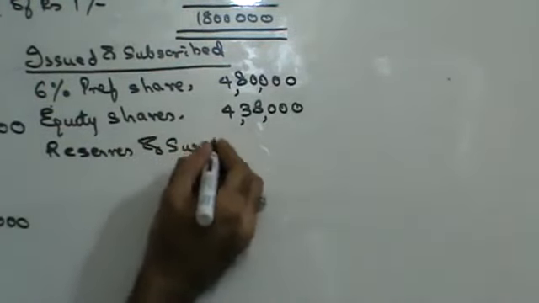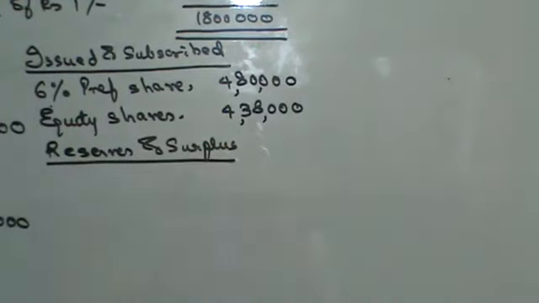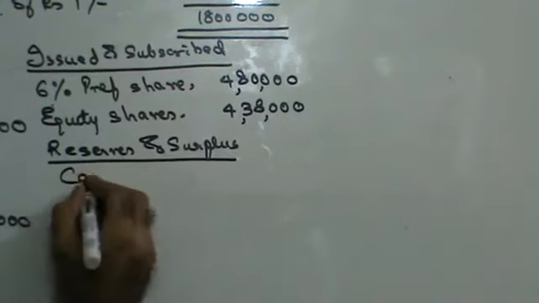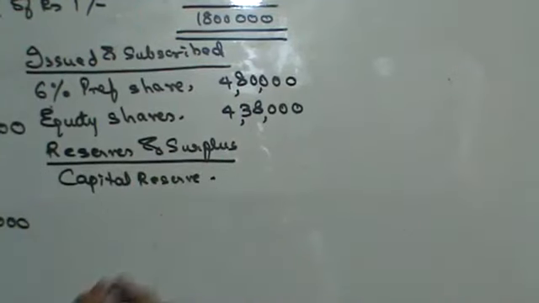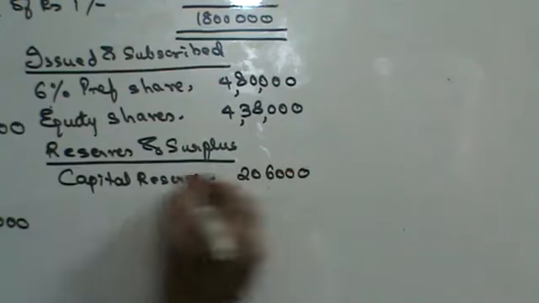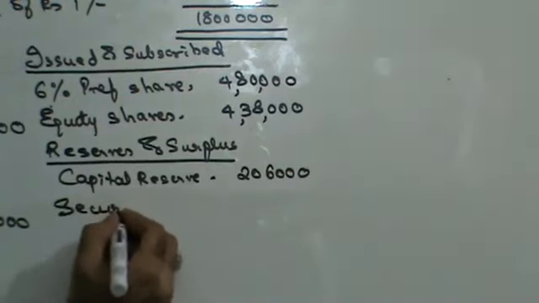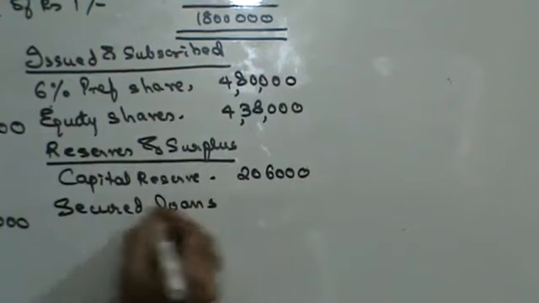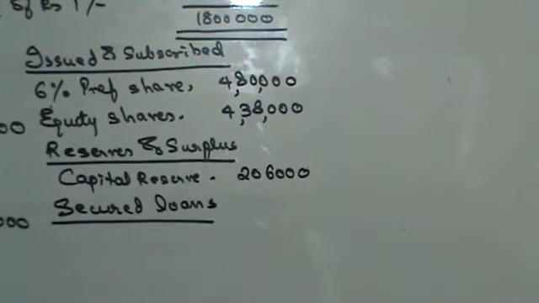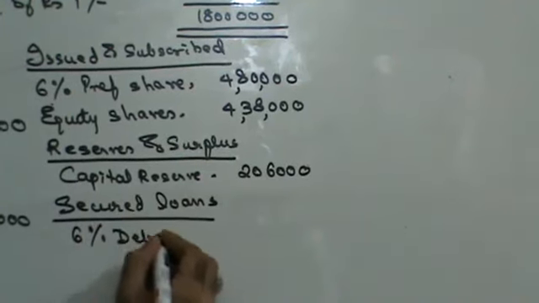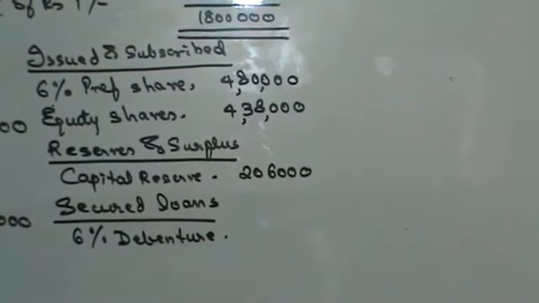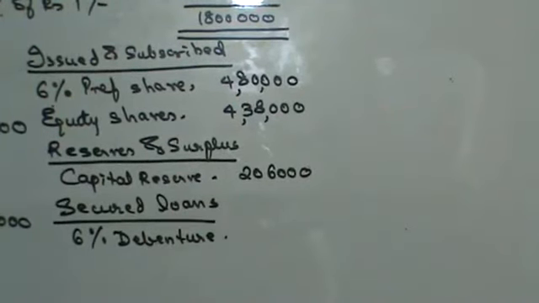Reserves and surplus. There's nothing given in the balance sheet, so you will have only your capital reserve. Capital reserve is 2,06,000. Then you have secured loans. Under secured loans, you have 6% debentures, 2,40,000, and on the debit side 30,000.